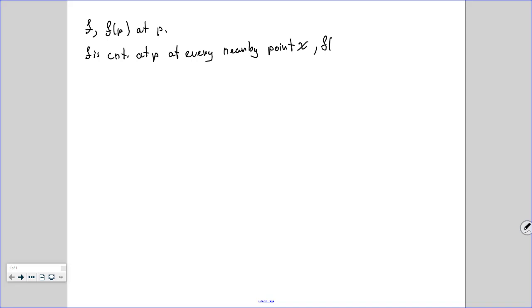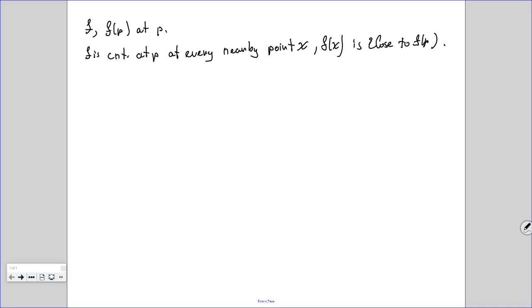Suppose we have some function f and it has the value f(p) at some point p. Then we say that f is continuous at p if at every nearby point x, the value of the function f(x) is close to f(p).